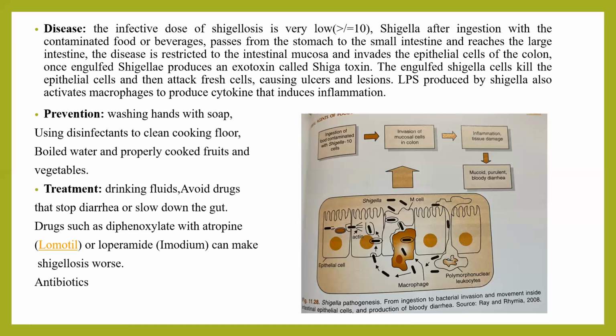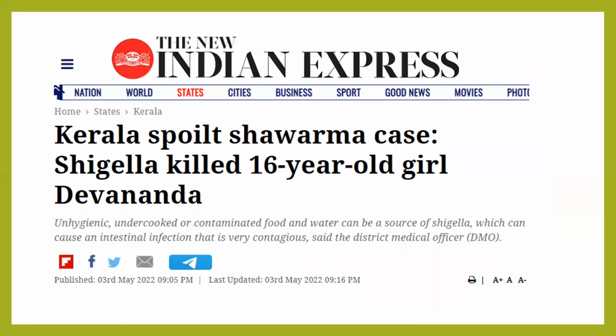So you should avoid such drugs, which are usually given by elders, these small yellow tablets which will stop the diarrhea. By doing that, you will be stopping the flow of the bacteria outside your body as well. So the treatment can be with the help of antibiotics and taking a lot of fluids.